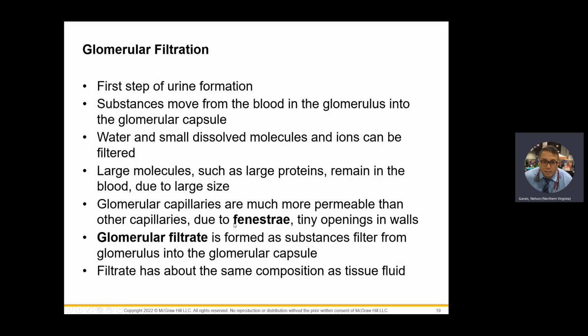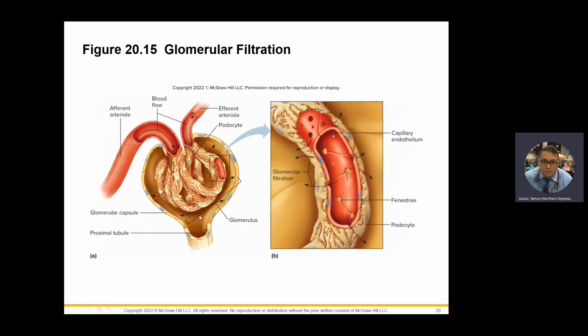It's no big deal. It's just little holes that the thing you're filtering, which is blood, can go through. And you can see them here. See this? They look like little fingers, and that's what it is. It filters stuff.